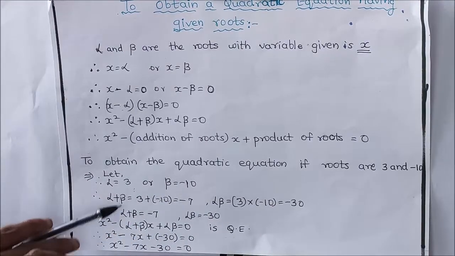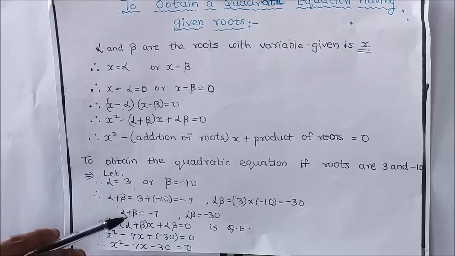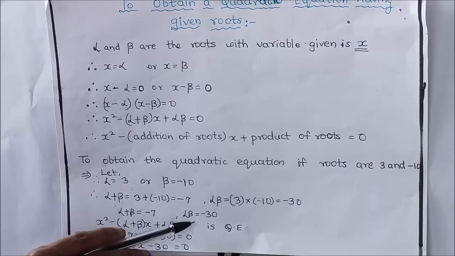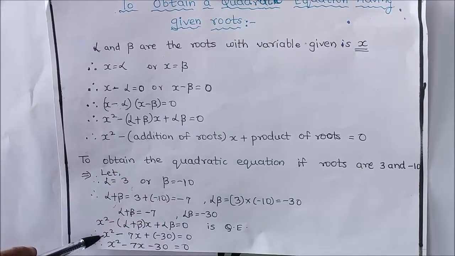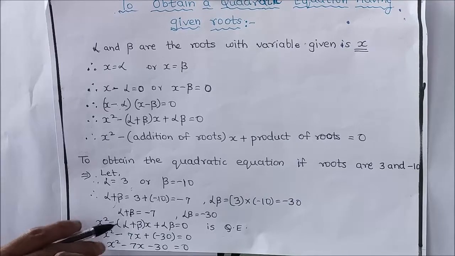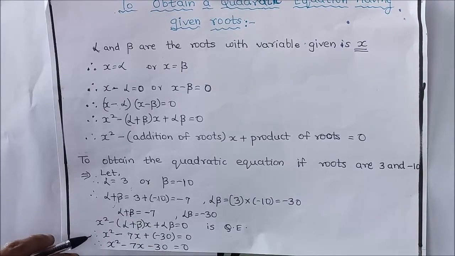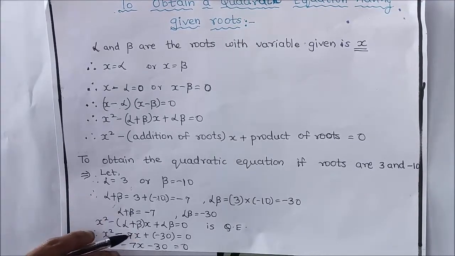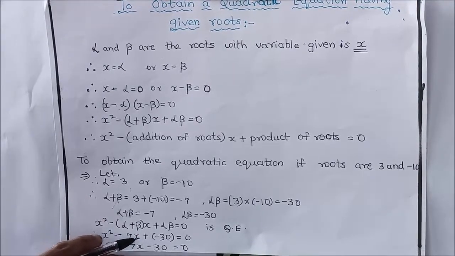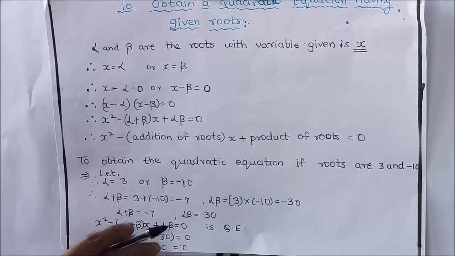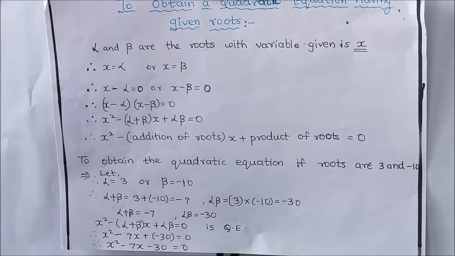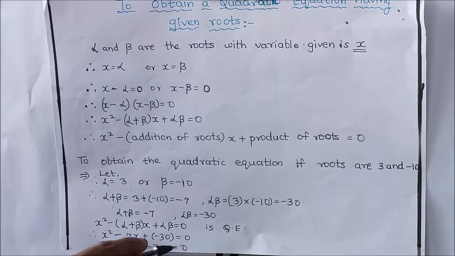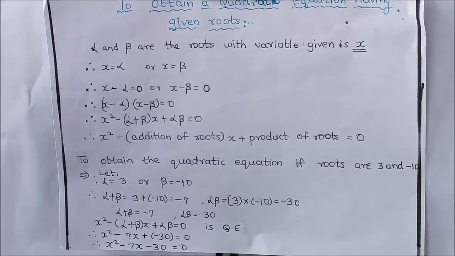Now we substitute in the formula x square minus alpha plus beta into x plus alpha beta equals 0. Therefore we get x square minus 7x minus 30 equals 0.